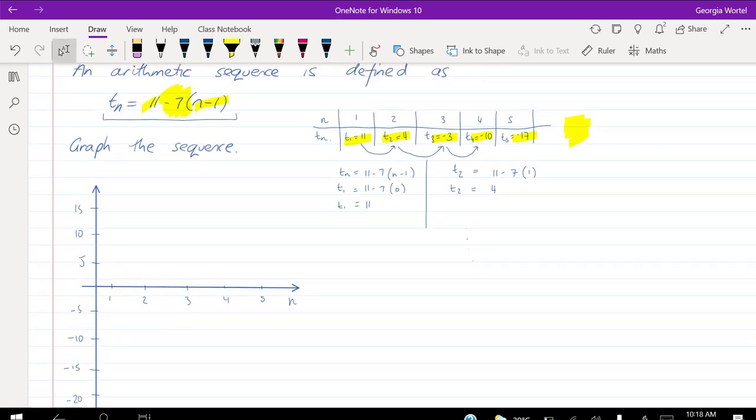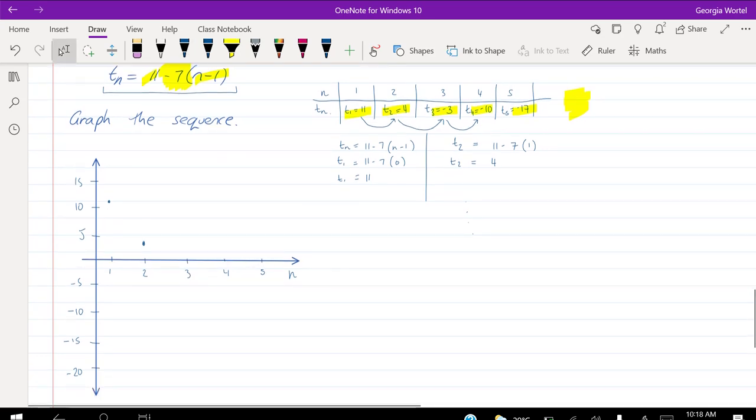T1 is 11. We'll go and put a dot there at 11. About there. T2 is 4. About there. T3 is -3. About there. T4 is -10. There.